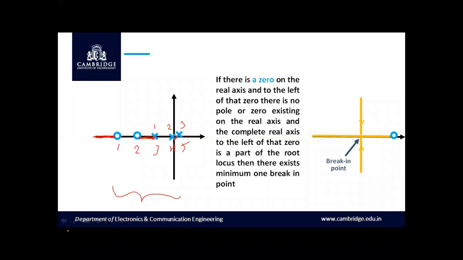Once after marking the region of root locus, now we have to predict for the breakaway and break-in point. As we have 2 adjacently placed poles and these 2 poles are a part of the root locus, hence we are very sure that there exists a breakaway point.